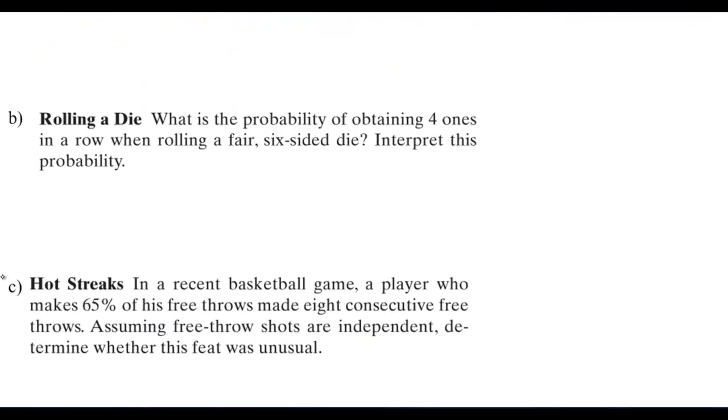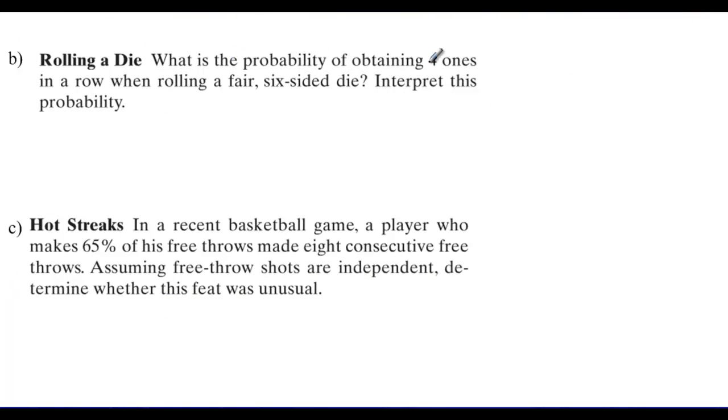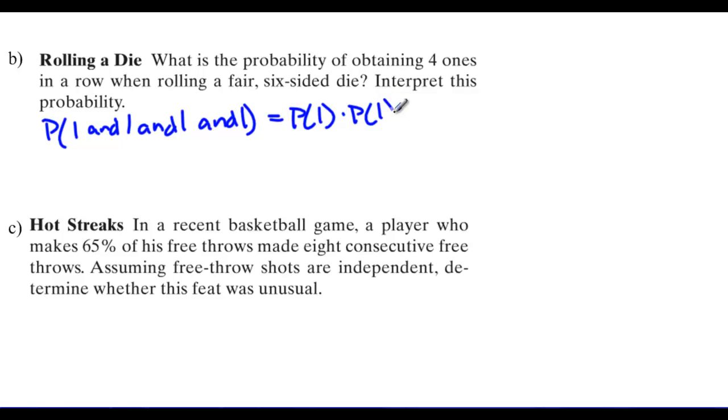Okay, let's look at rolling a die. What's the probability of obtaining 4 1s in a row when rolling a fair 6-sided die? And we want to interpret that probability. So we want the probability of rolling a 1 and a 1 and a 1 and a 1. So that's going to be the probability of a 1 times the probability of a 1 times the probability of a 1 times the probability of a 1.